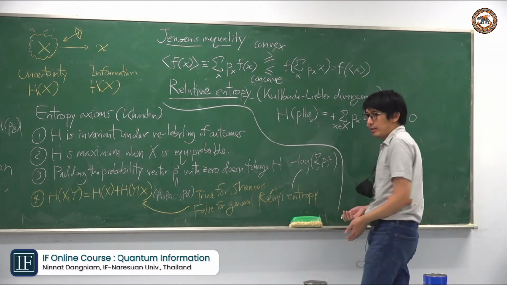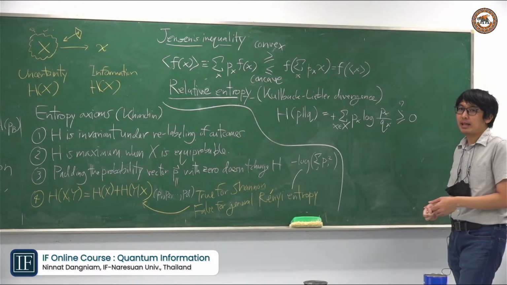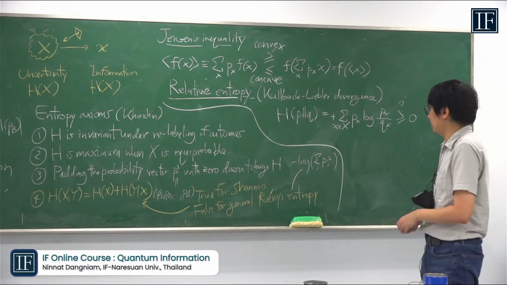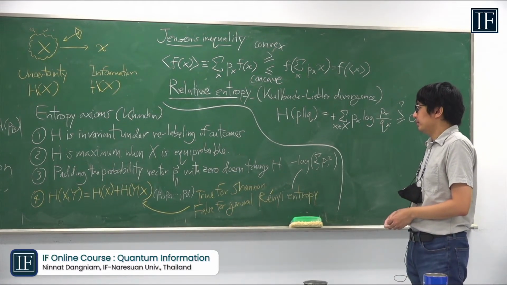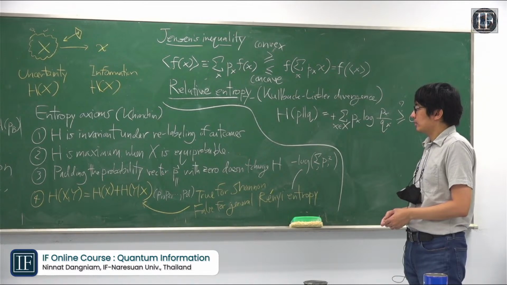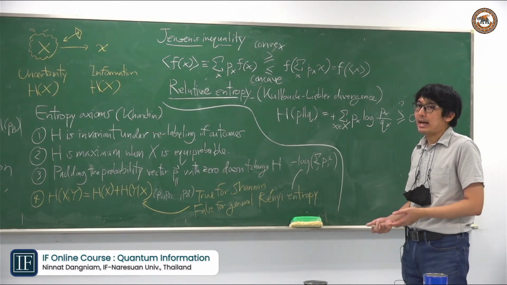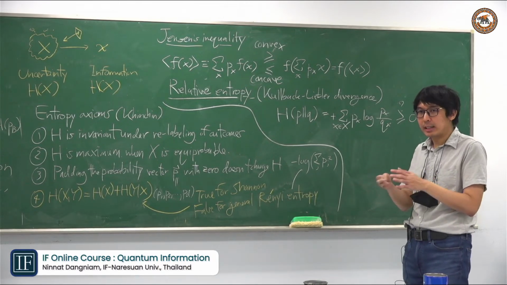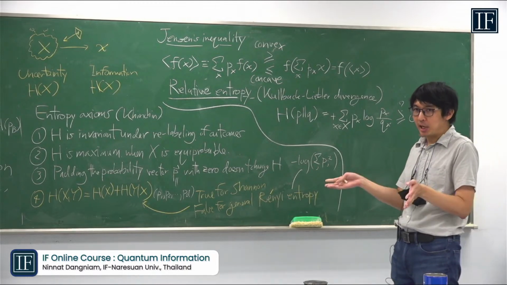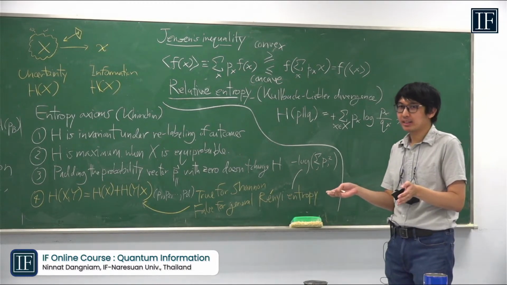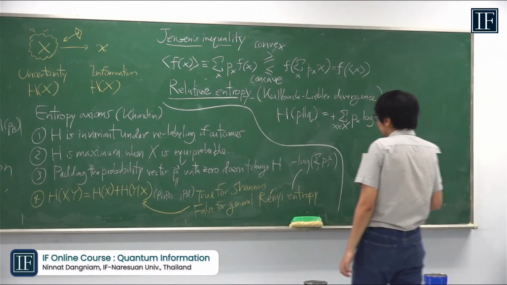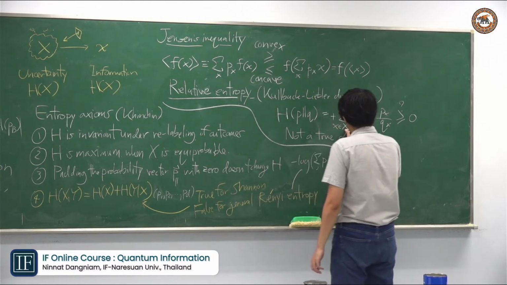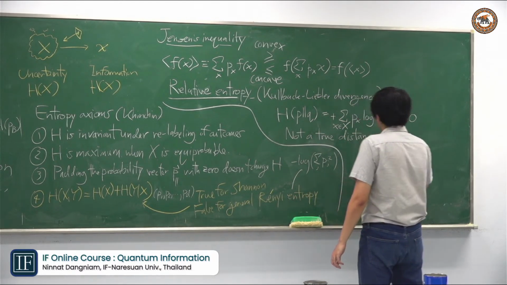Yeah, so it's a comparison between two probability distributions. Especially in machine learning it is usually used to try to quantify how far two probability distributions are, and people say it's kind of like measuring distance, except that it's not a distance measure because it's not symmetric. Not a true distance.